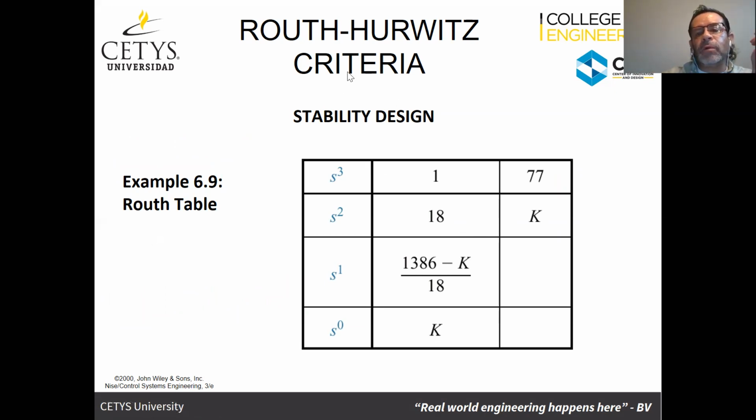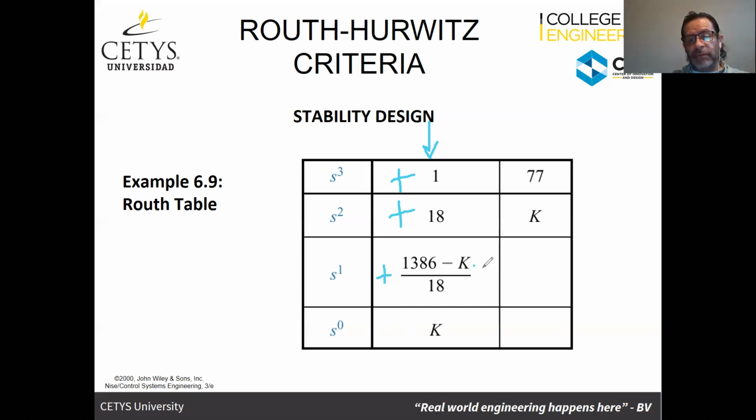So in the end, what we want is that we want the first column to not have any sign changes. Okay, we want the first column to not have any sign changes. So we notice that first off, we've got a positive number here. And so for this system to be stable, I need a positive number here.